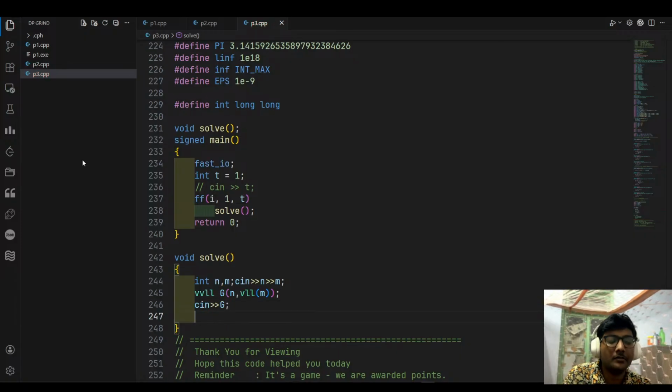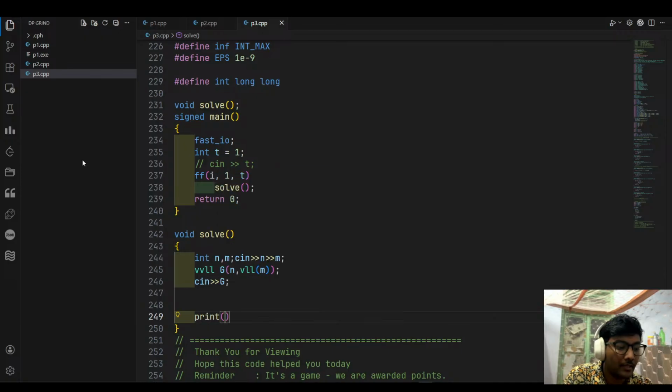Now we try to determine the minimum cost path from 0, 0. So my answer is println of my recurrence function of 0, 0.